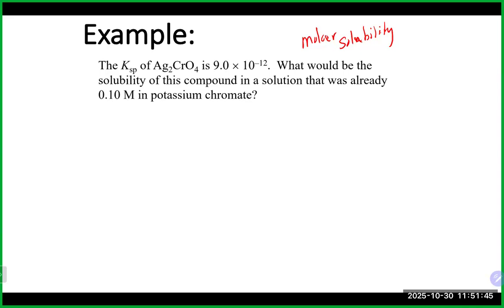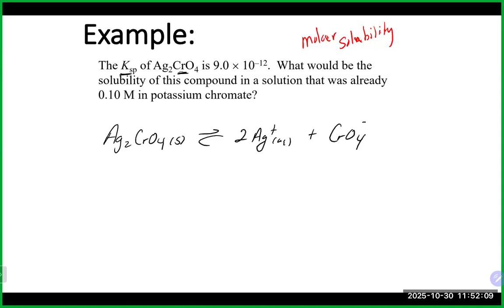Okay, let's take a look. So again, we know a couple things here. We do have a KSP given to us. So this guy is going to be the one that sets up our equilibrium. So we definitely will have our silver chromate here, breaking apart in this case into a couple of silver ions and a chromate.